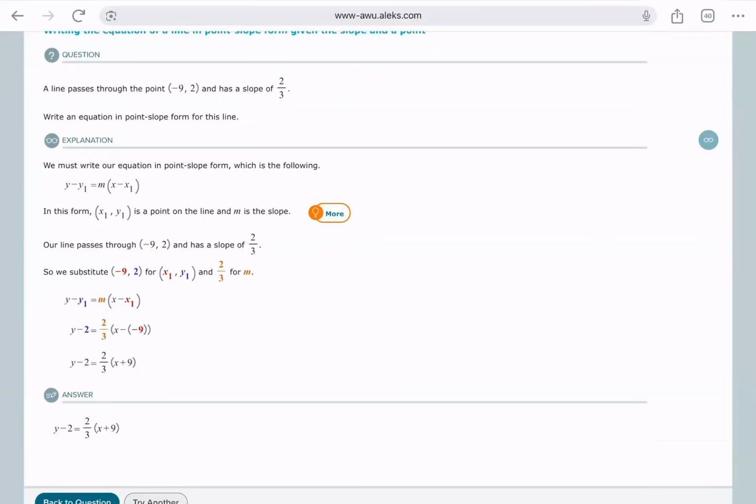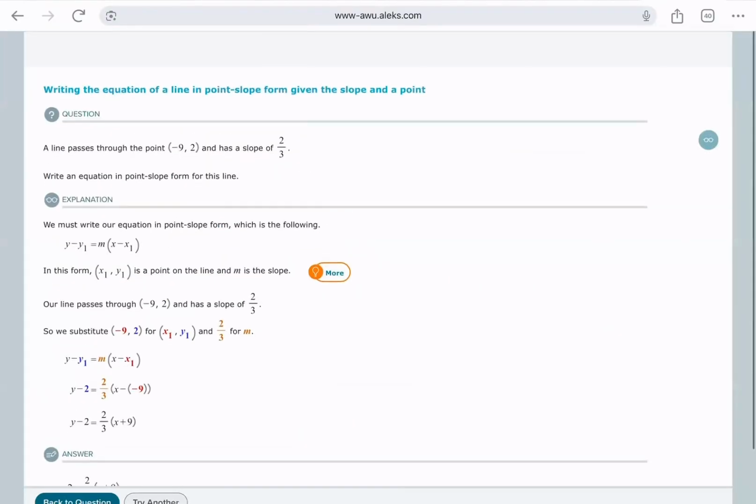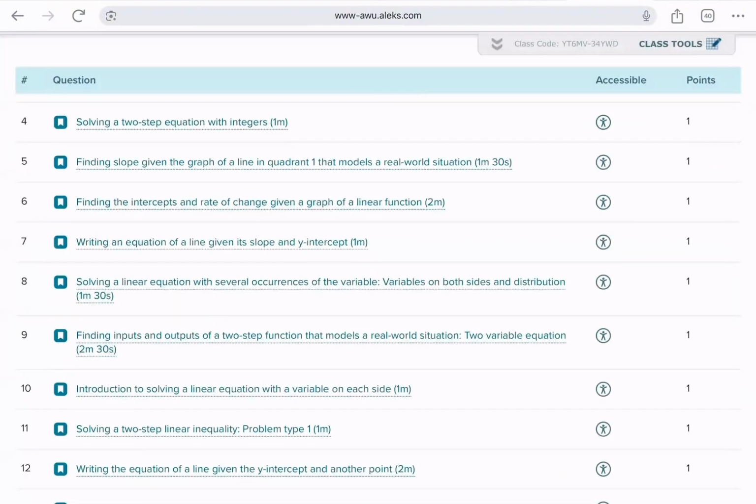It can look like a jumbled up mess, but you're just replacing y1 and x1 in the slope. They give you the slope, so at least you don't have to calculate the slope for that one. Wait, what is that one? Writing the equation of a line, point, slope, form.